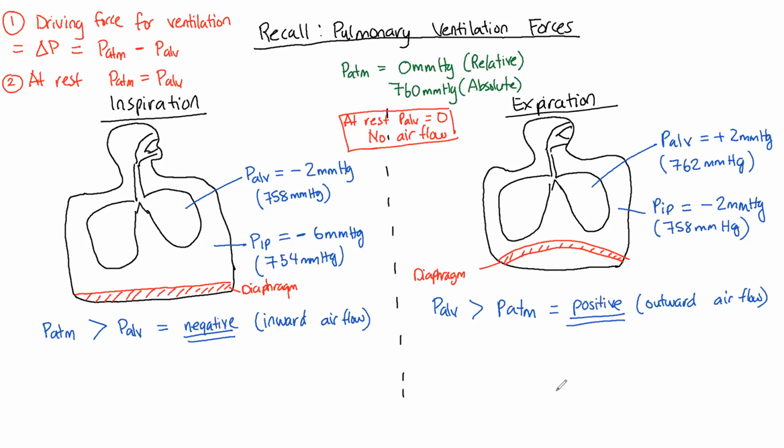All right, and then the final thing we want to say here is that value that we described as the transpulmonary pressure, which again is always changing with the various stages of respiration, but usually it's also described as distending pressure, the ease with which the lungs want to distend.